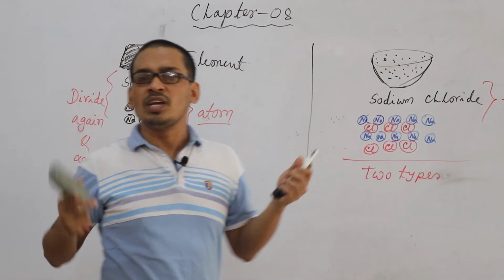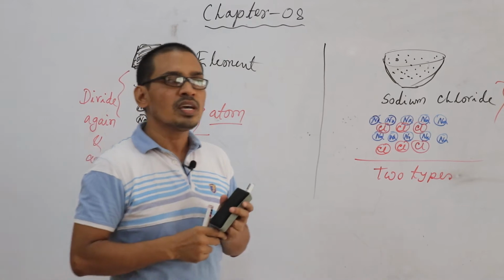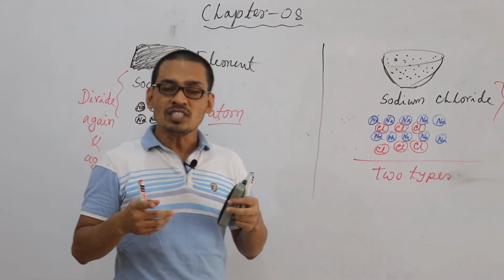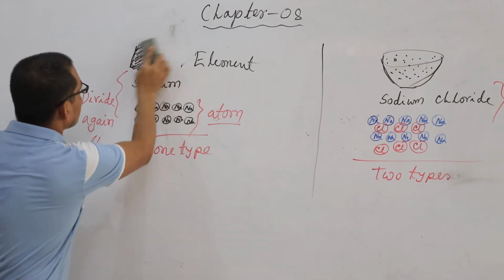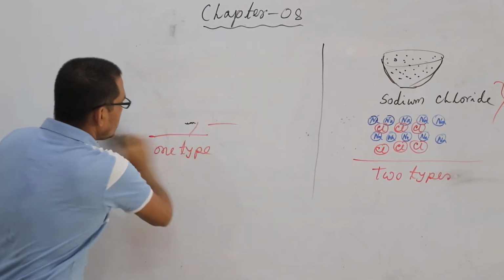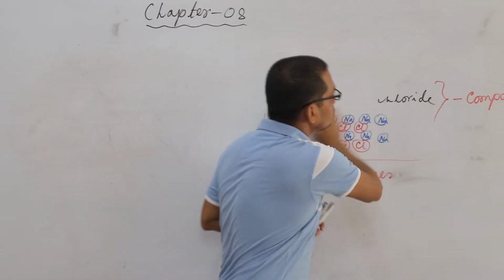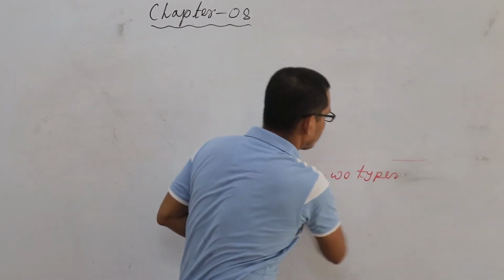In the case of some elements, the English name is used, and in the case of some elements, Latin names are used. Dear students, you have got a clear idea about element and compound.